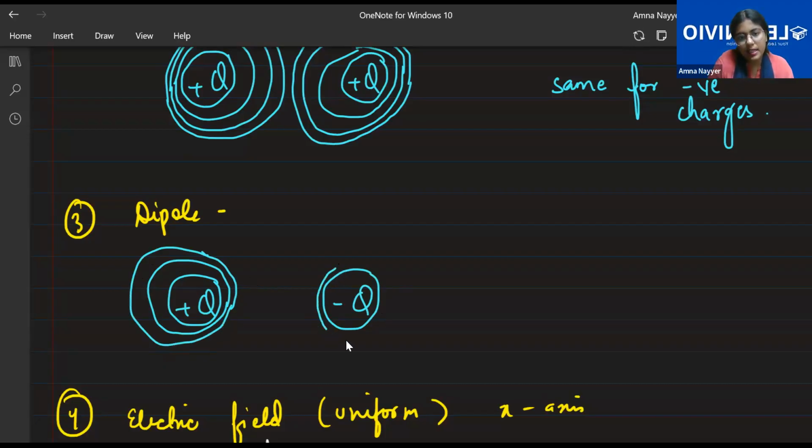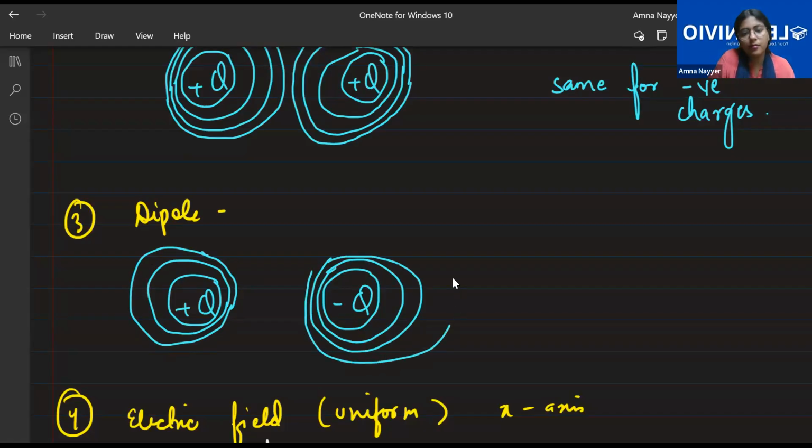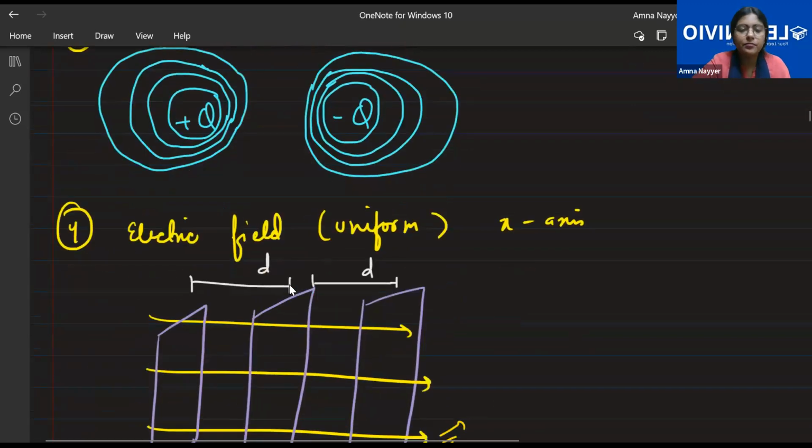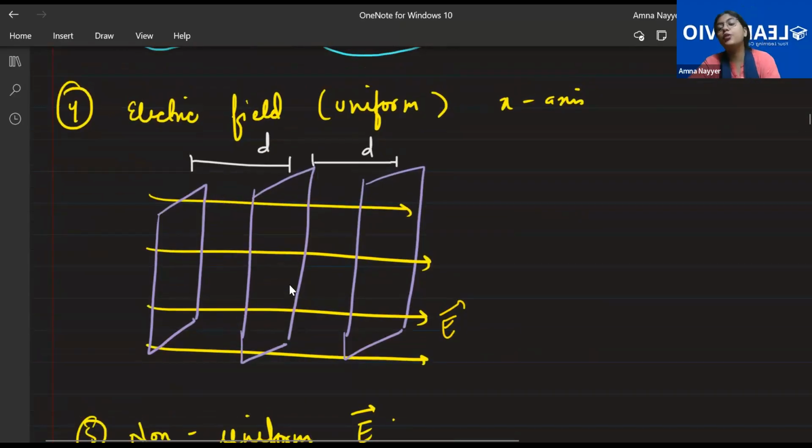Here they are close and here there's a gap like this. Like this, okay? Towards the center, just draw a closeness that shows the attraction of the charges. Then when the electric field is uniform, you have to represent the equipotential surface.